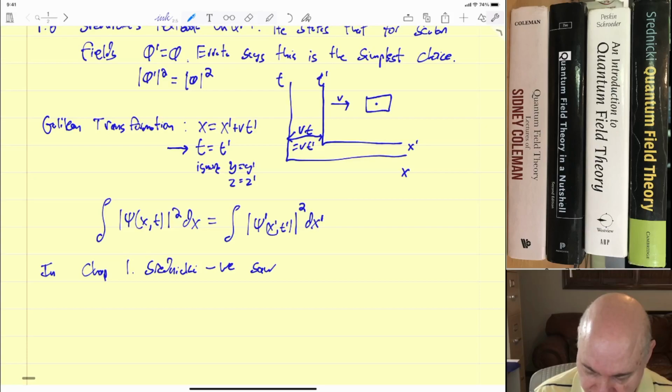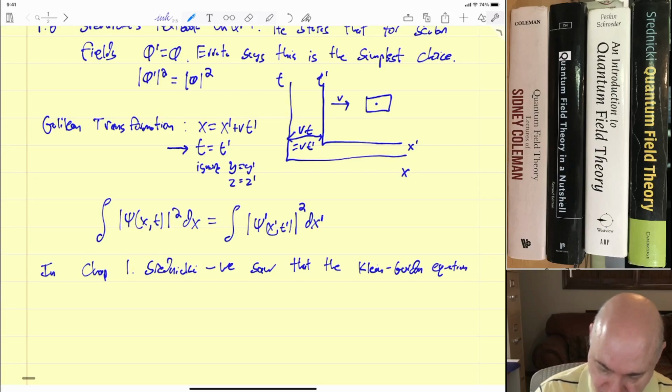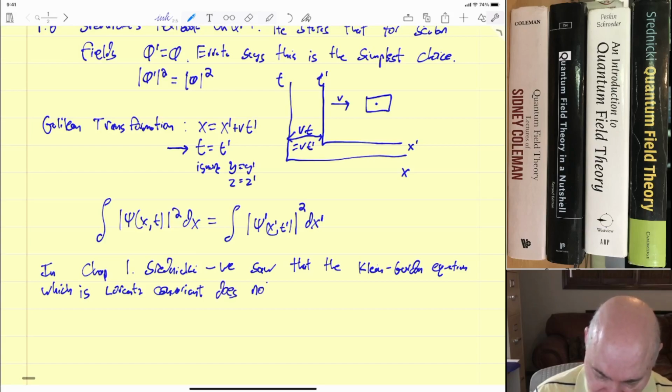We saw that the Klein-Gordon equation, which is relativistic, Lorentz covariant, does not have a positive definite conserved current.